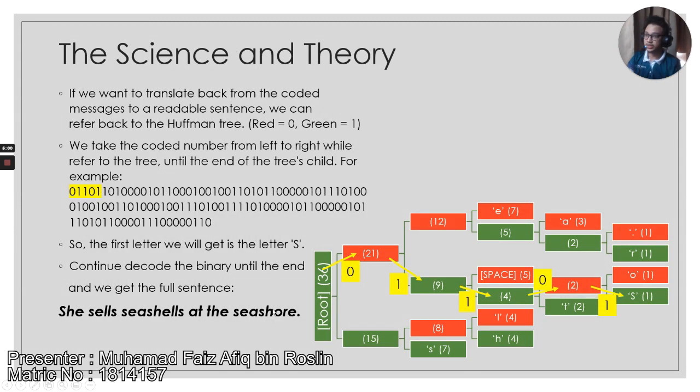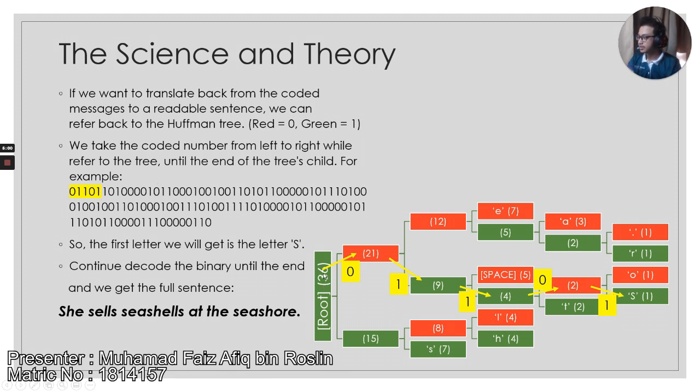So how do we decode this code? Maybe you have the binary code, but you need to decode it into a sentence. It's easy, just refer to the Huffman tree again. For example, we have this binary code, so let's start with 01101.